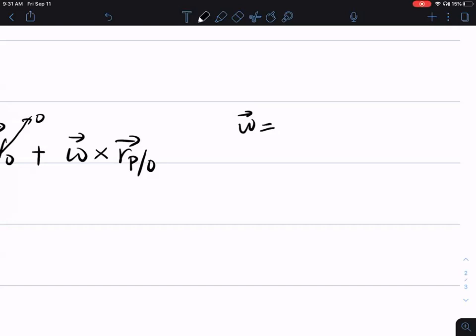That's the unit vector direction for our angular velocity, and we call it K, so K hat is the unit vector. The angular speed is omega, times that unit vector K. That's how we express angular velocity in vector form.